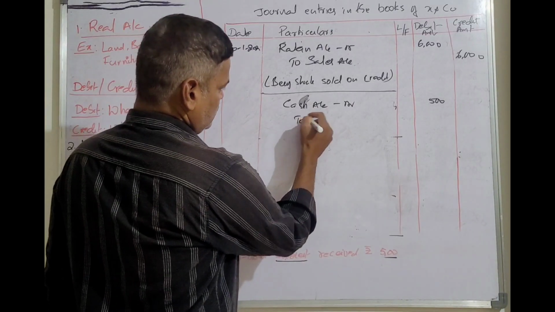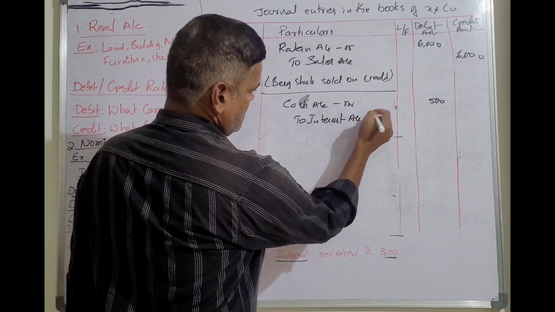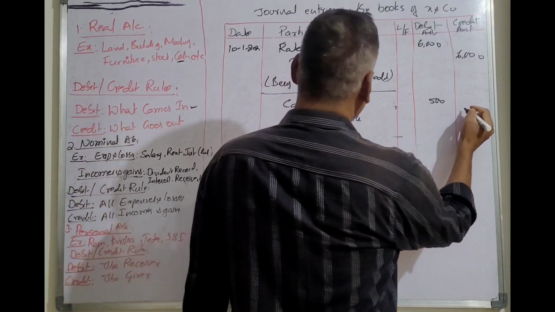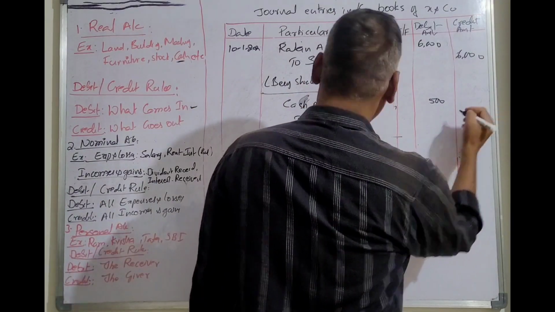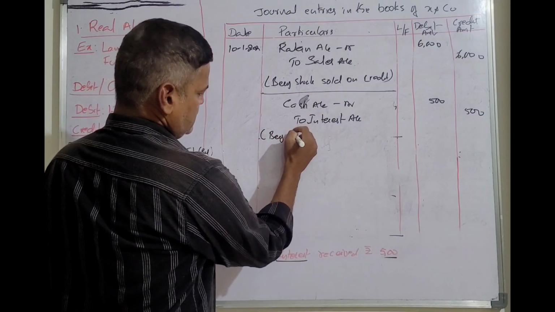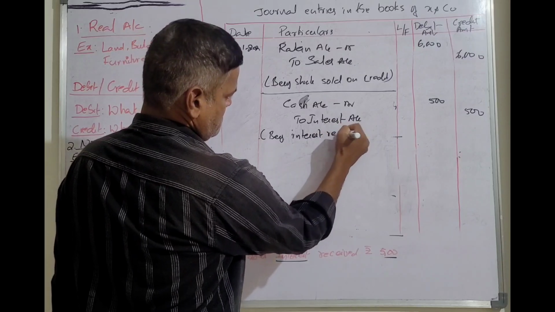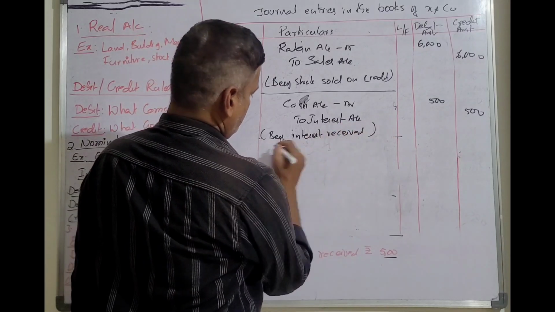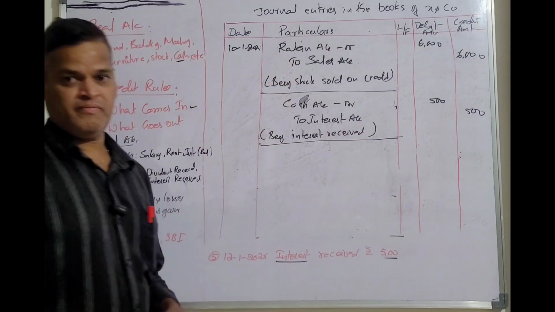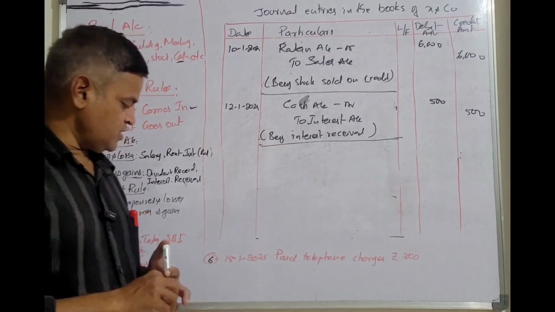Hence we can write down interest account 500. Narration is being interest received. This transaction is over. Now we'll see the sixth transaction.